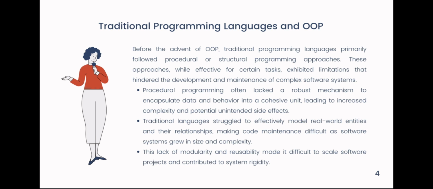Procedural programming often lacked a robust mechanism to encapsulate data, and traditional languages struggled to effectively model real-world entities and their relationships, making code maintenance difficult as software systems grew in complexity.